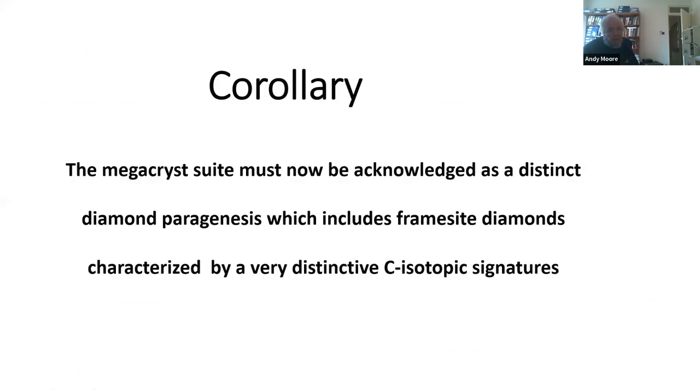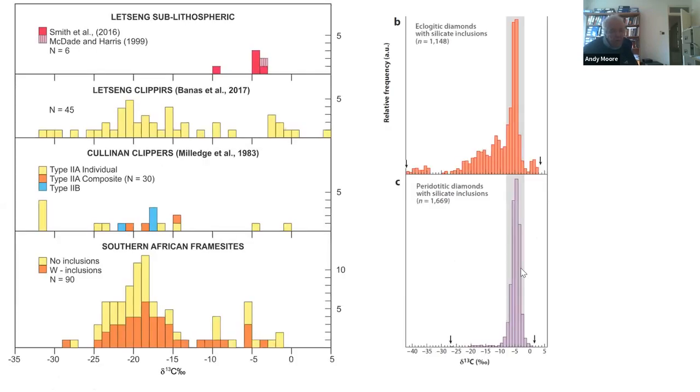And this has a very important corollary, we believe, or we submit, that the megacryst suite must now be acknowledged as a distinct diamond paragenesis. That's in addition to the eclogitic, peridotitic, and sublithospheric, which includes framesite diamonds, and that these are characterized by a highly distinctive carbon isotopic signature, which is shown again down here, eclogitic and peridotitic signature on the right.